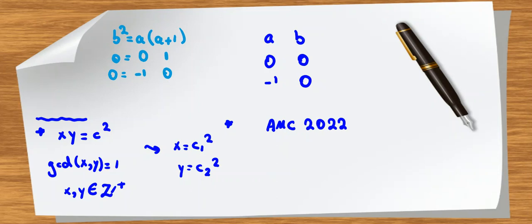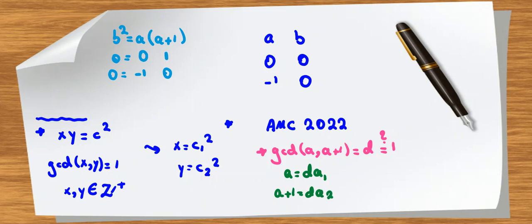One more important point: we said the GCD of a and a plus 1 is 1. Maybe you ask why. Suppose their GCD equals d. Because it is the GCD, a is d times a1 and a plus 1 is d times a2, and d is positive by definition.